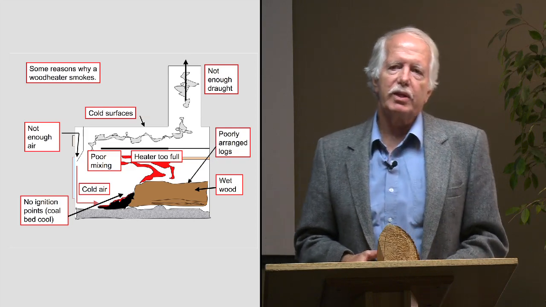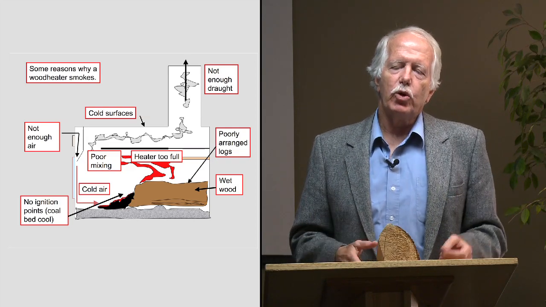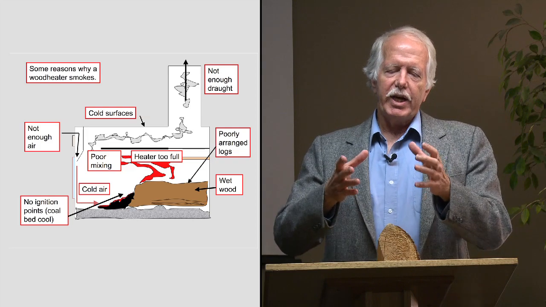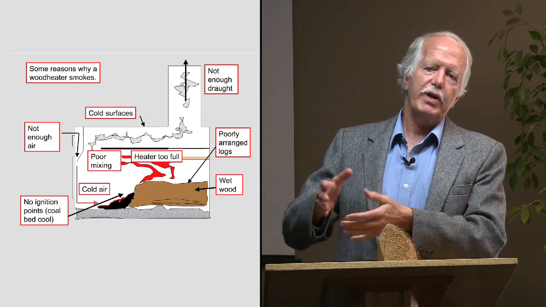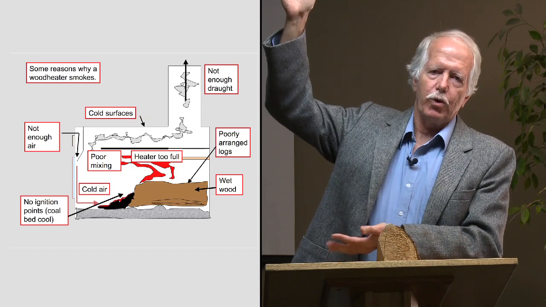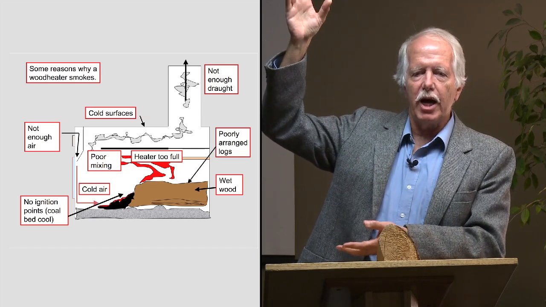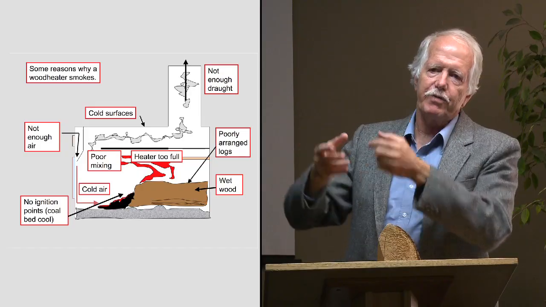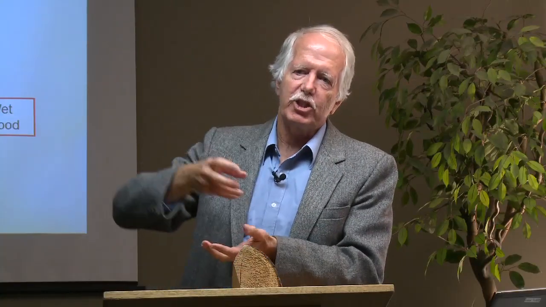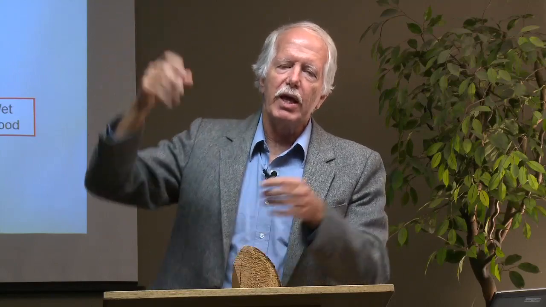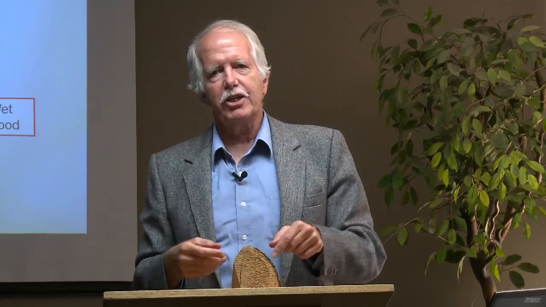Another problem with the typical wood heater is that wood heaters rely on the draft up the flue. If we have a flue 4 to 5 metres high, and we have hot air in that flue, it causes a suction. There's a draft which draws the air up the flue, which sucks the fresh air into the wood heater.